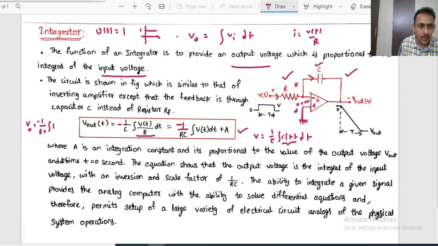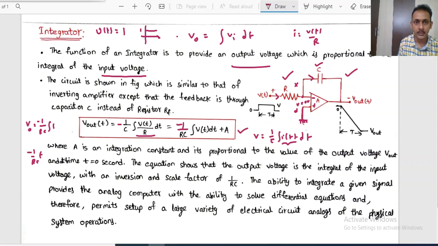Integral of 1 is t. Within the limits 0 to t, you will get the value t. So it is nothing but minus 1 by RC into t. It is in the form of y equals mx. You get a ramp. So the integral of a step has now become a ramp.